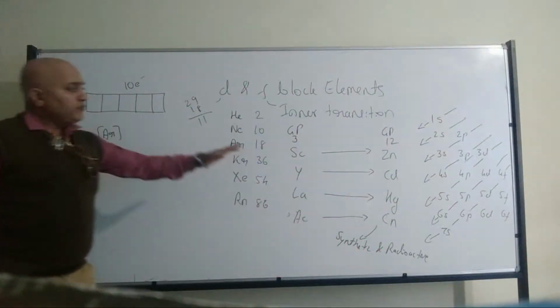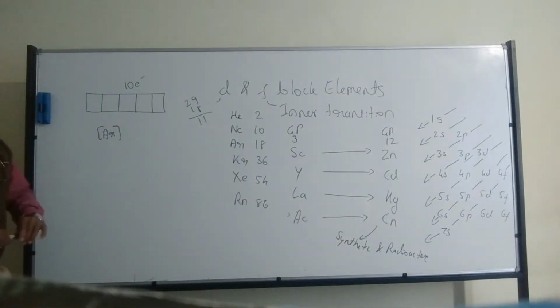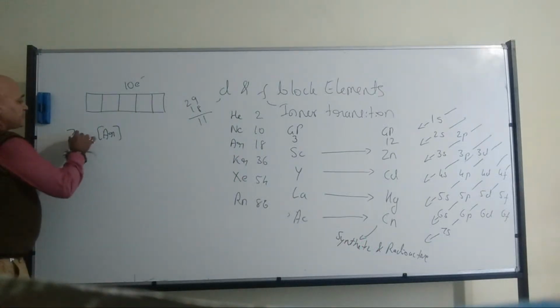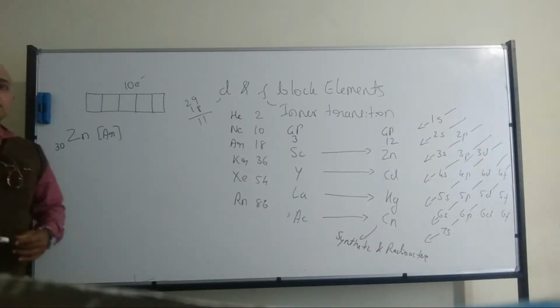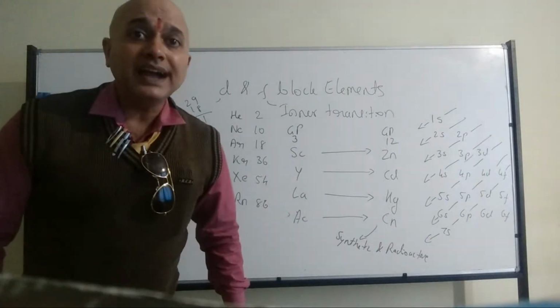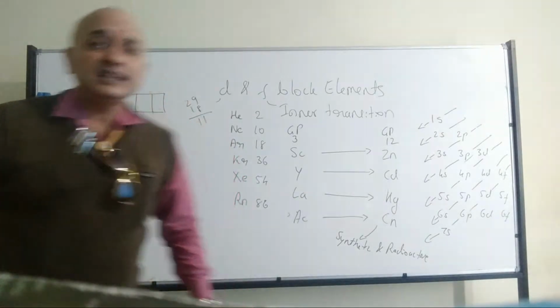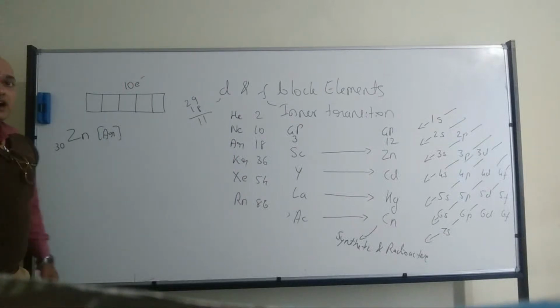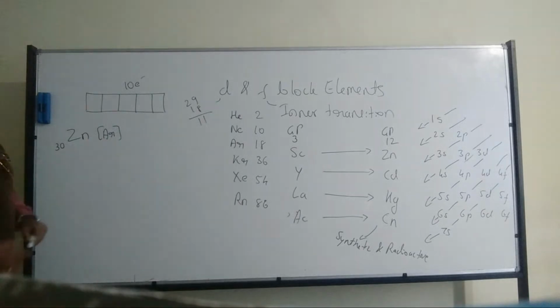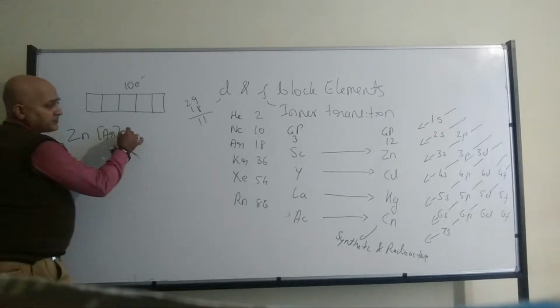Or we move to the next element, the neighbor of copper, that is zinc. Zinc has atomic number 30. What should be the electronic configuration? Argon, I have kept as it is. Now we have to start filling the electrons.